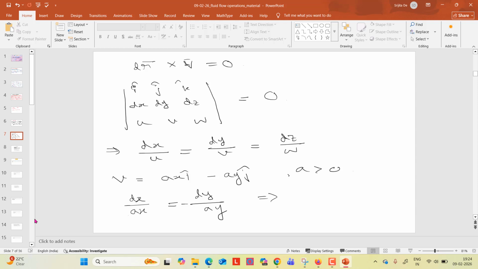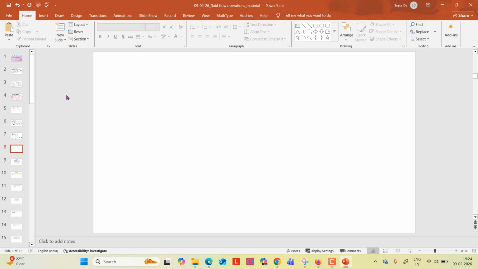So this a will be cancelled out. If we integrate it, it will be ln x by x naught equals to ln y naught by y, right? So what is coming? It is coming like x0 y0 equals to xy equals to constant value, right?